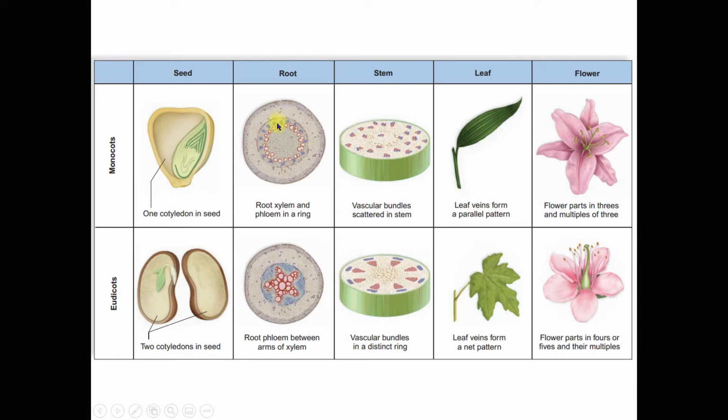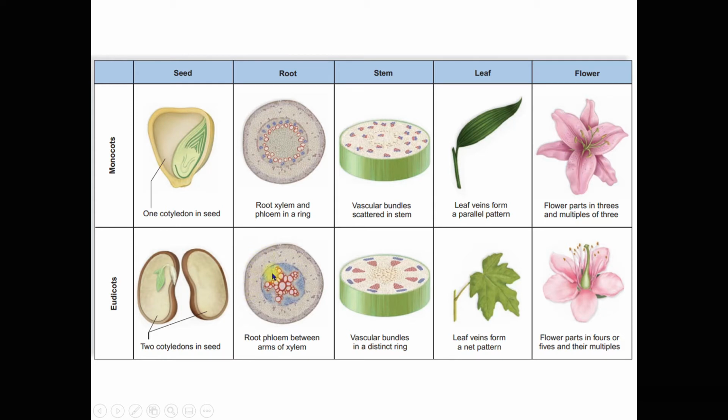For the roots of monocots, if you make a cross section, this is what you would expect, the arrangement of the xylem and phloem in a ring. But for eudicots, this is what you would expect to see. This is xylem in the middle, and at the edge is phloem. The blue is phloem and the red is xylem.